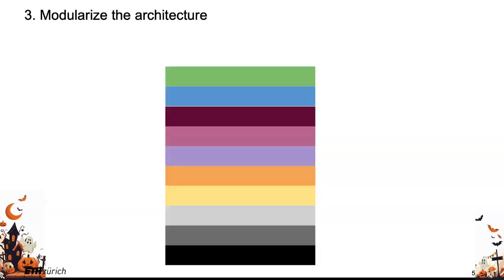The third lesson is to modularize the architecture. As a computer scientist, it's not very surprising because we all know, especially, for example, in object-oriented orientation, we know that all this elegant code makes programs better. And so with modularity, we can reuse things.